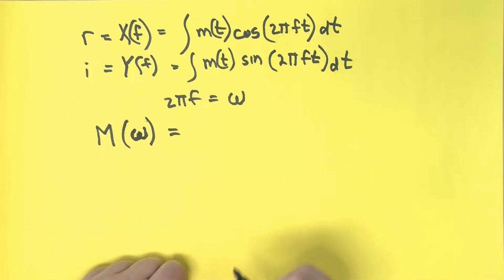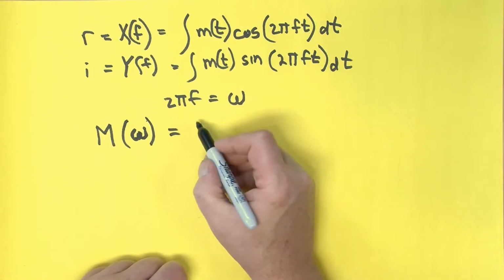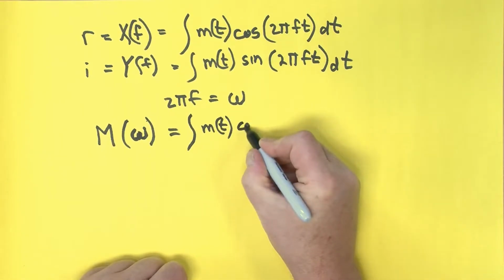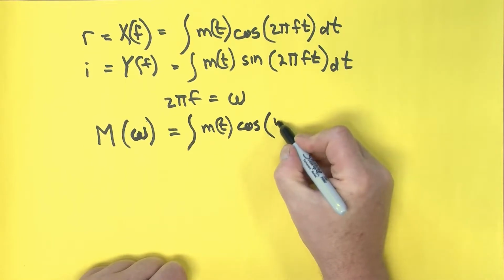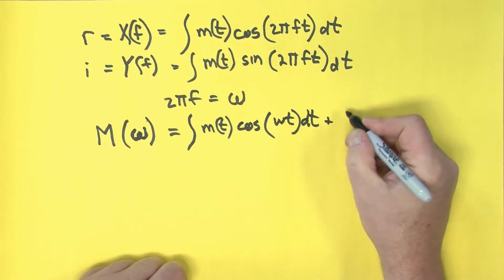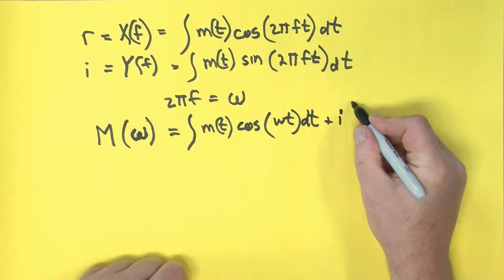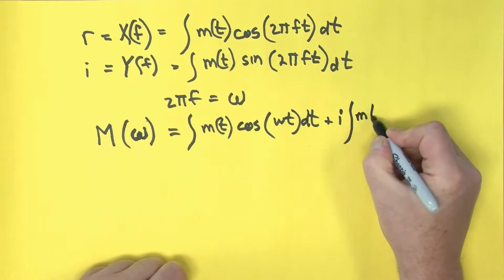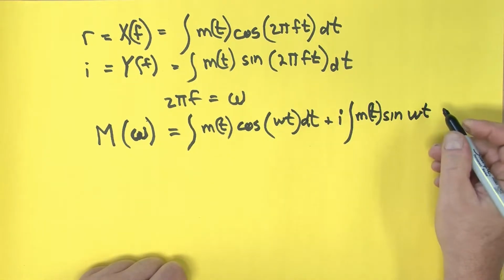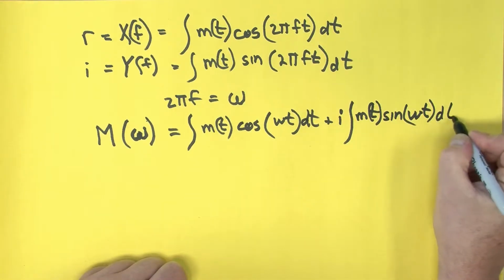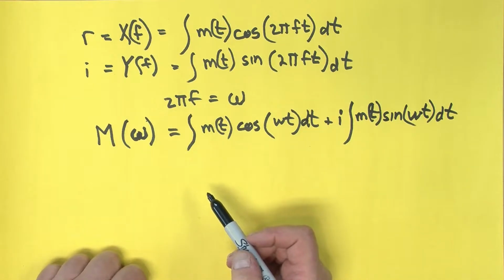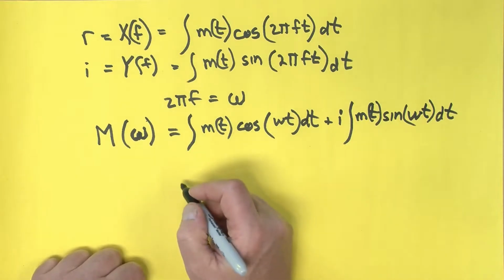And we're going to make that equal to the integral of m of t cos omega t dt plus the imaginary number i times the integral of m of t sine omega t dt.